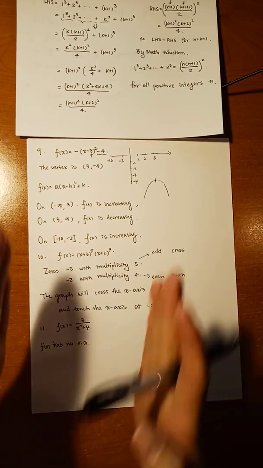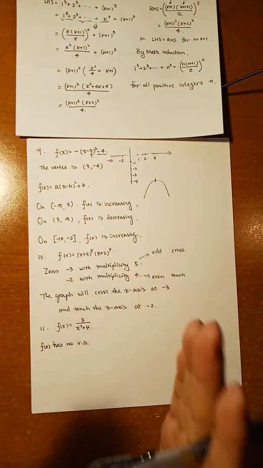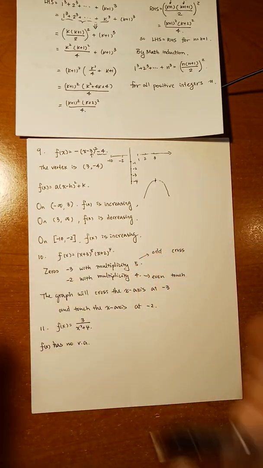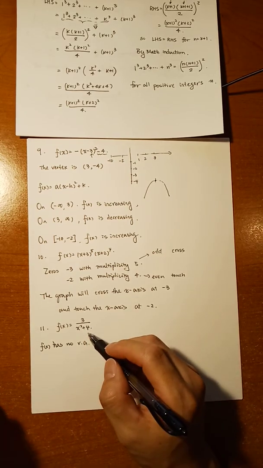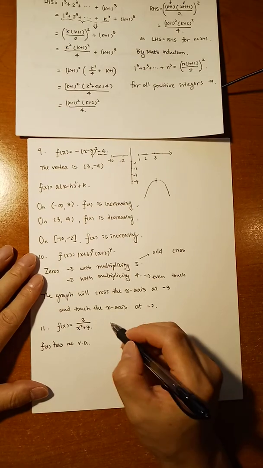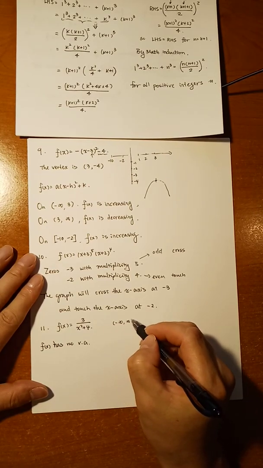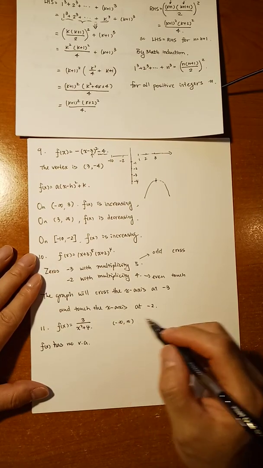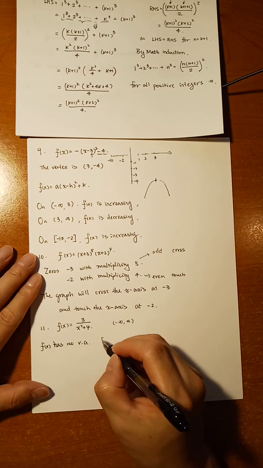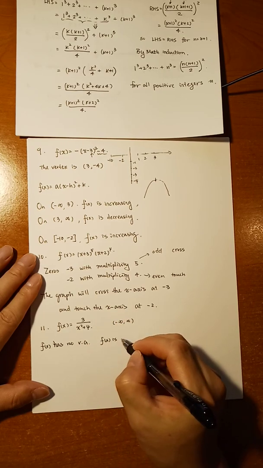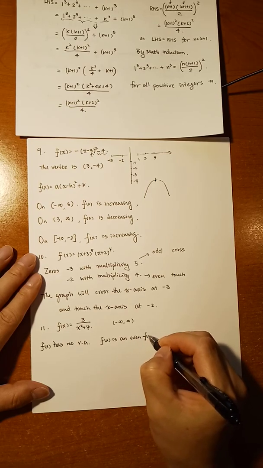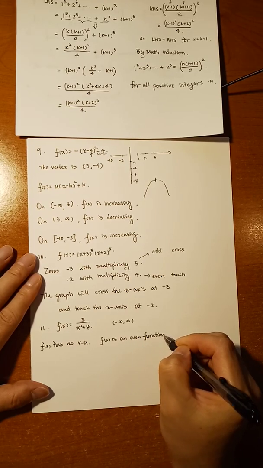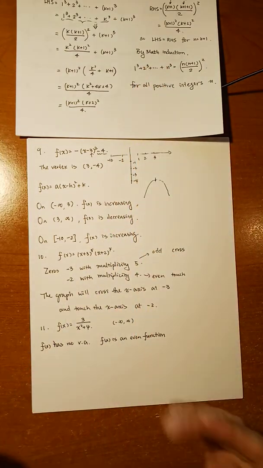It's not like x squared minus 4. x squared minus 4 can be 0, but x squared plus 4 cannot be 0. So the domain is from negative infinity to positive infinity. And it's symmetric. f(x) is an even function. Even function means the graph is symmetric about the y-axis.